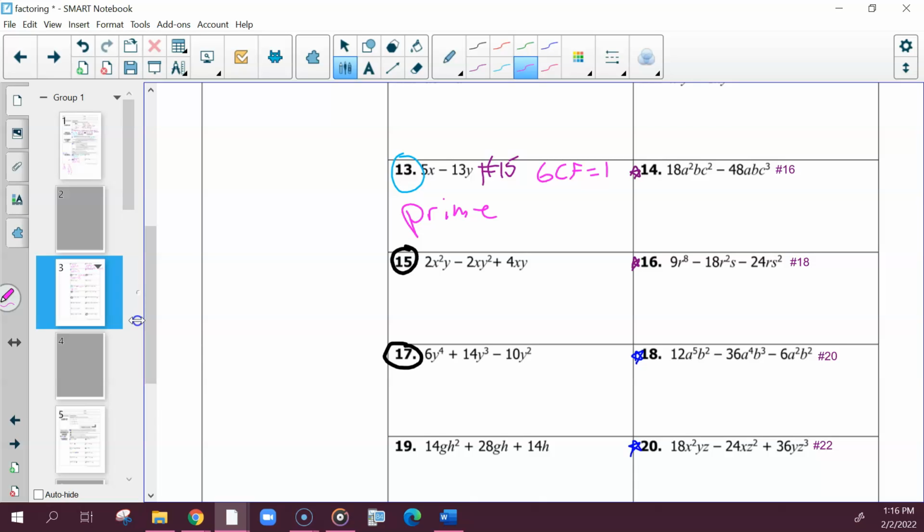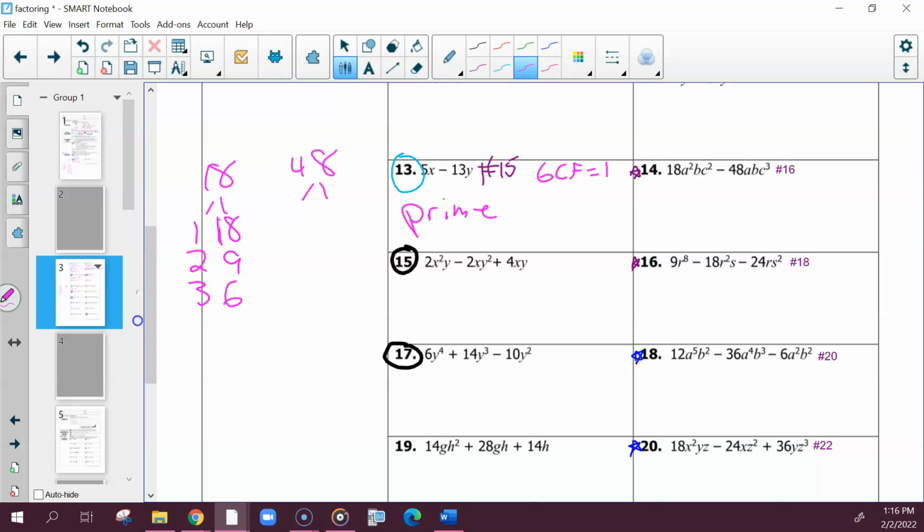Let's do 14. If you need to, list out your factors off to the side. What are some factors of 18? 1 and 18. 2 and 9. 3 and 6. And that's it.